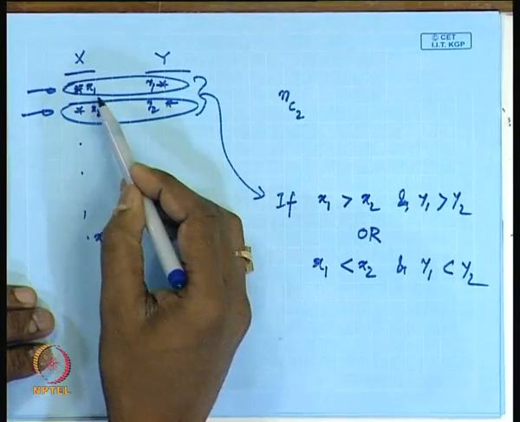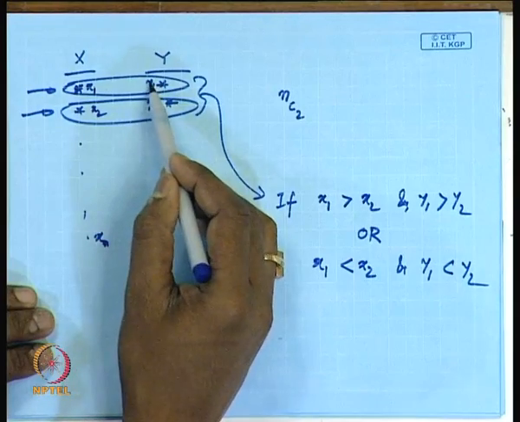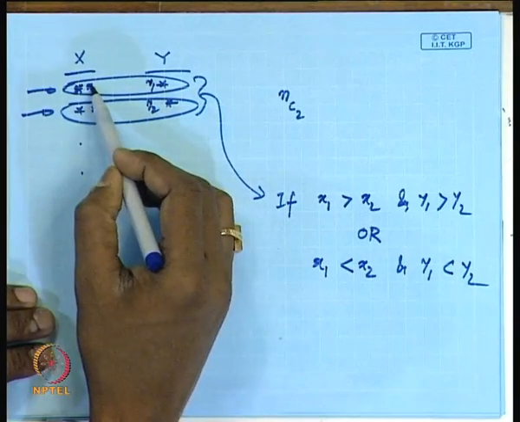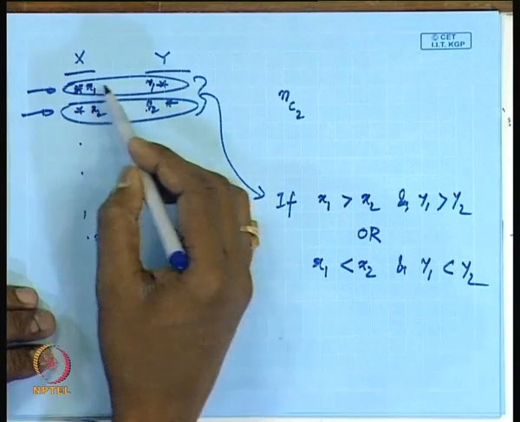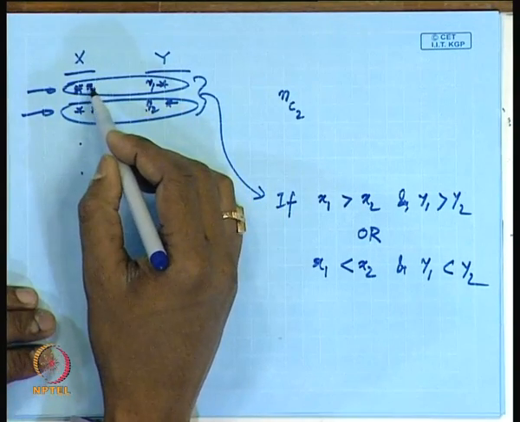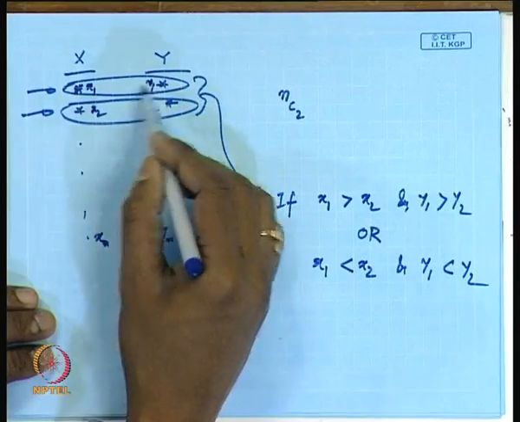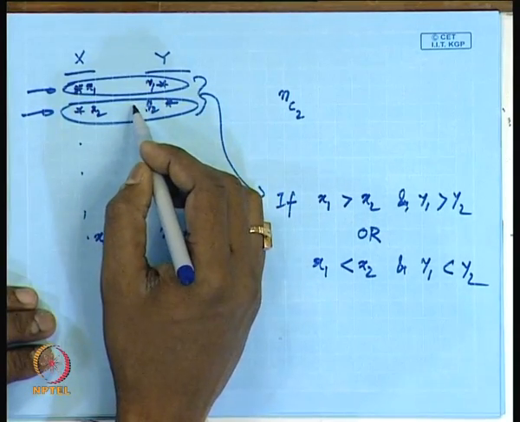So, if this one is increasing, this should also increase, or if this is decreasing, this is also decreasing. That is the trend, the way it is changing, whether in both cases it is changing in the same direction or not.